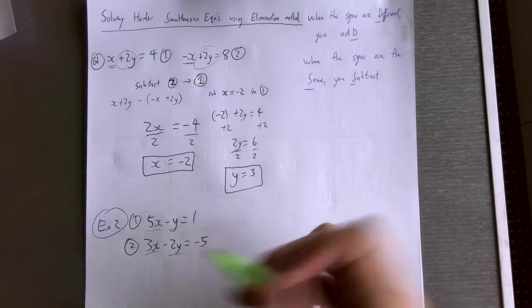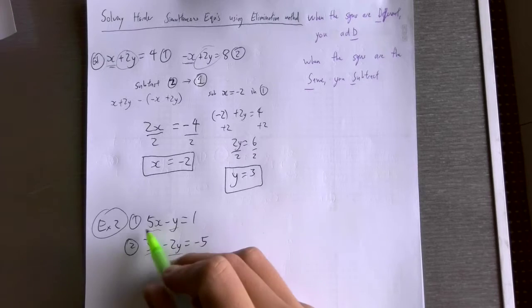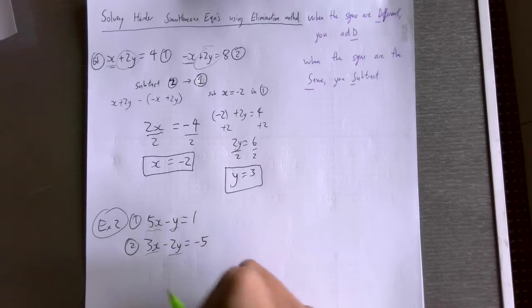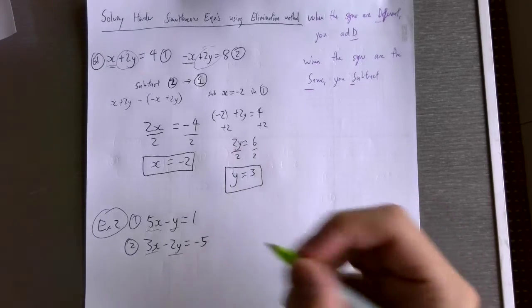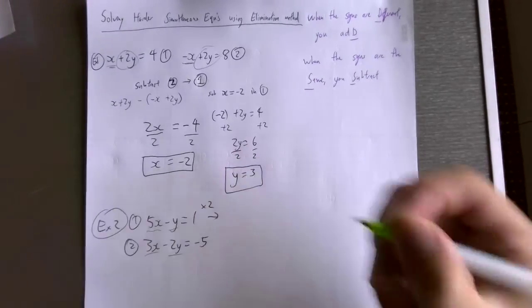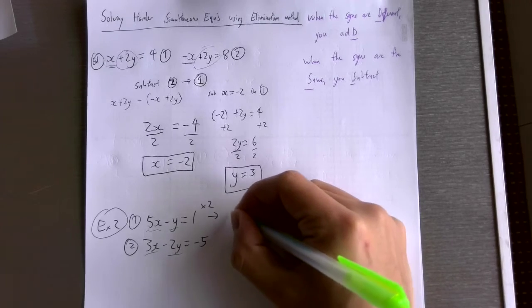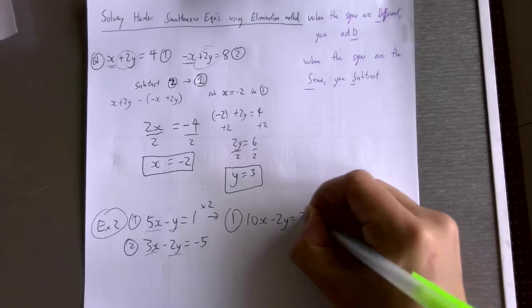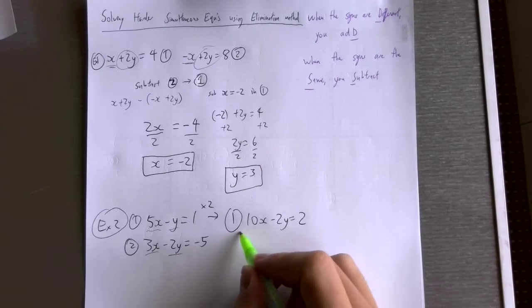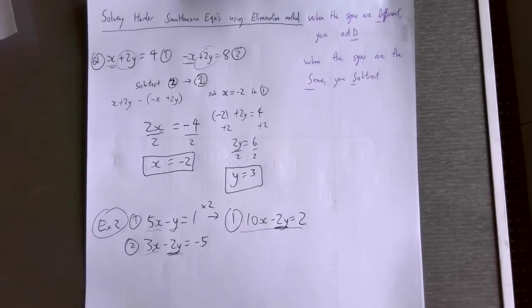So one way of doing that is I could times this whole bottom equation by 5 and this whole top equation by 3, and then I'll have 15x on both sides. But easily I could just double everything in equation 1. So equation 1 then looks like 10x minus 2y equals 2. And then I've got 2y and 2y.